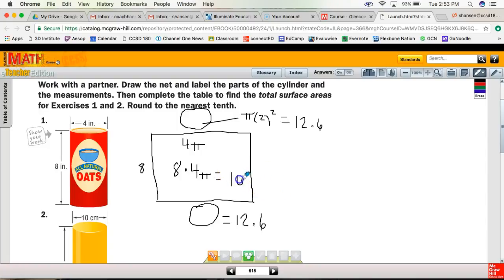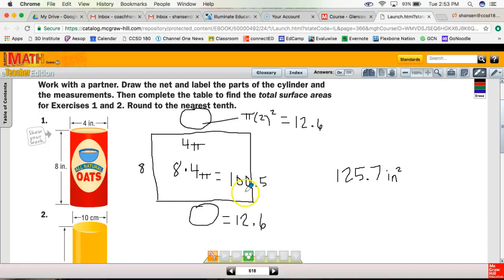So I've got my three shapes, 100.5, 12.6, and 12.6. Then I need to take the sum of the three of those, and I get 125.7 inches squared, because it's surface area.